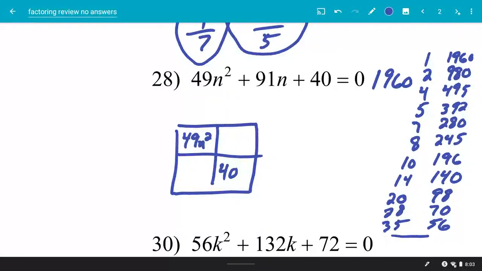And that gets me my 91. Shoo. All right. 35n, 56n.